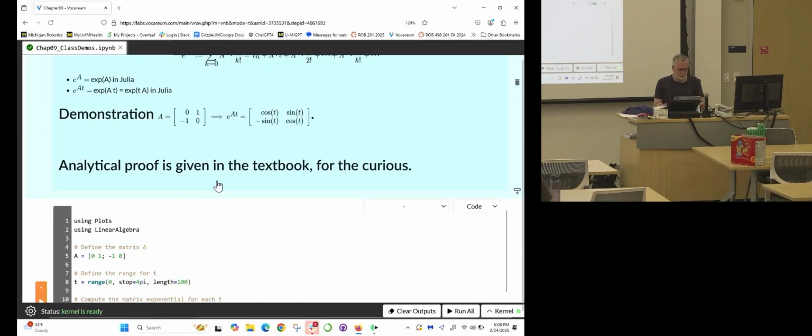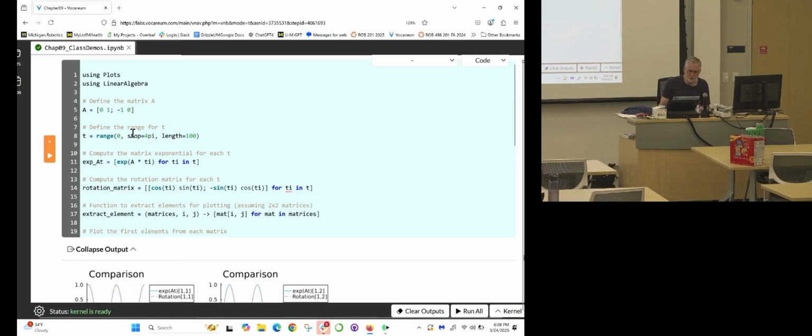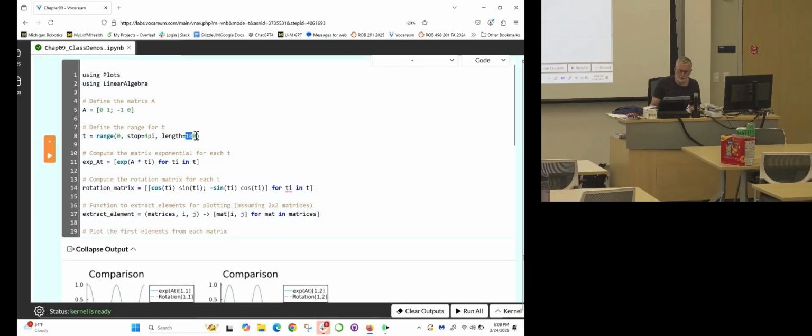What I'm going to do is just show you numerically. I'm going to take the matrix, take a range of t from 0 to 4 pi with 100 different values, and use the Julia command for computing the exponential. If you were in MATLAB, you would have to put a little m here, because otherwise it would apply the exponential to every entry of the matrix.